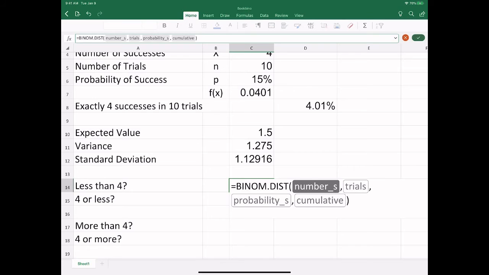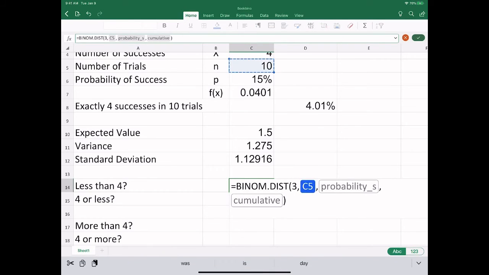Now, the number of successes, what did I tell you earlier? Less than 4, what is the definition of less than 4? 0, 1, 2, and 3. So less than 4, the highest number less than 4 is 3. The number of trials is 10.